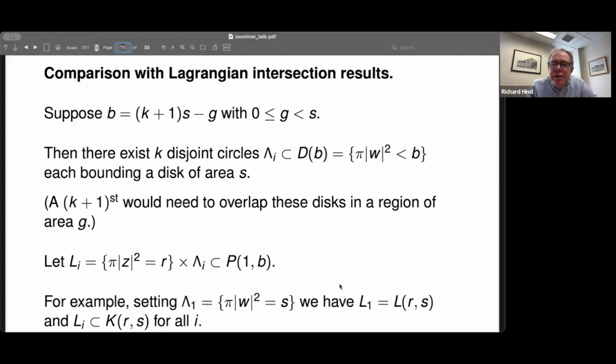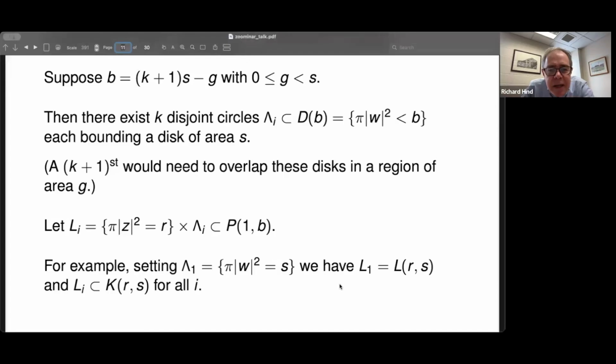So we've got these circles in the disk in the W plane. Now I want to take a product with the circles of area R in the Z plane, and then I get a family of Lagrangian tori.